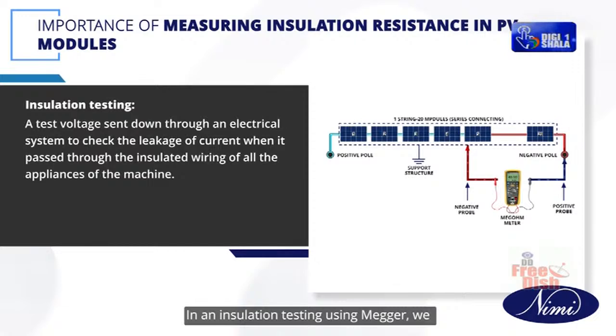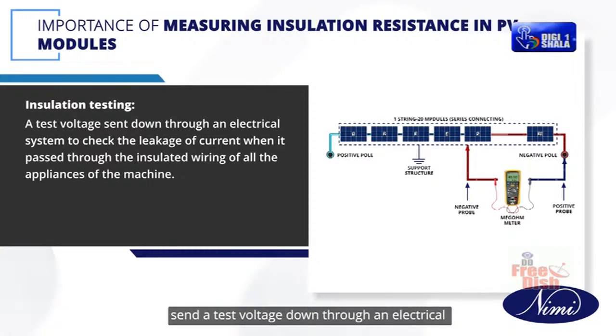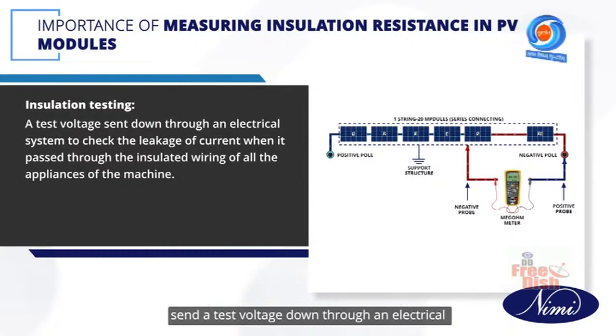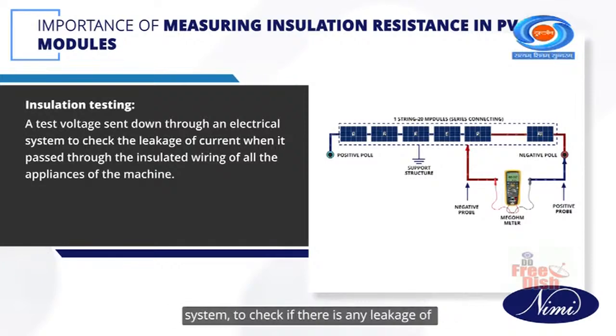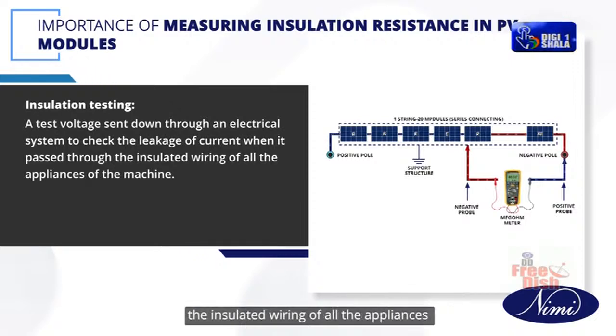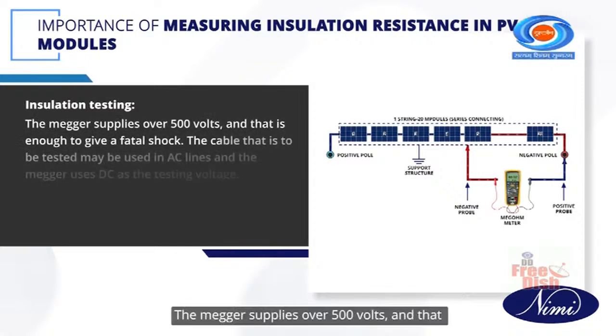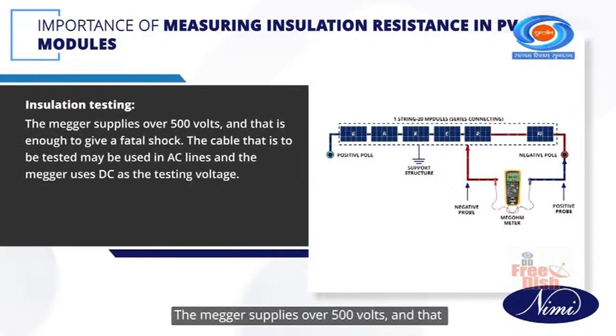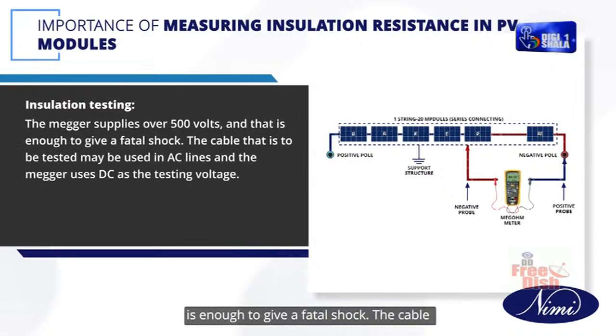In insulation testing using a Megger, we send a test voltage down through an electrical system to check if there is any leakage of current which is going to pass through the insulated wiring of all the appliances of the machine. The Megger supplies over 500 volts and that is enough to give a fatal shock.